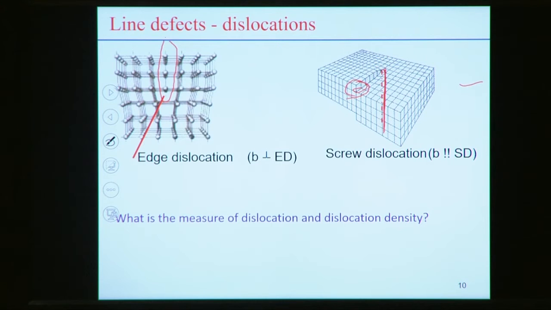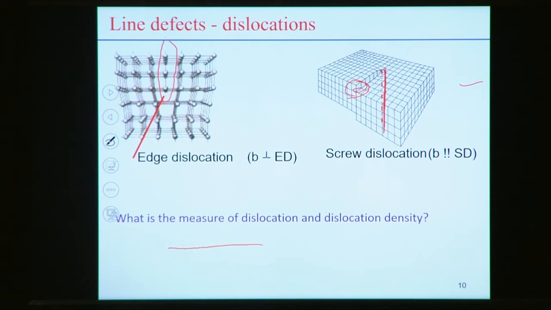Now the question is what is the measure of dislocation, and what is the dislocation density. Basically, the measure of dislocation is a measure of length. We simply represent the dislocation by a line like that, and the length of the dislocation is the measure of one dislocation. Now dislocation density.